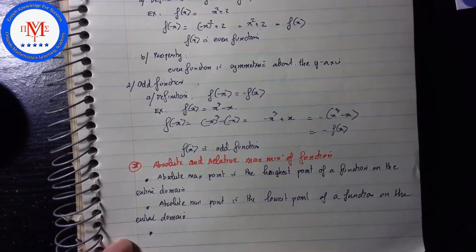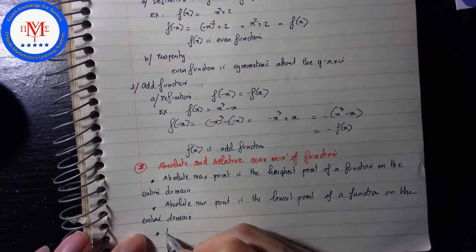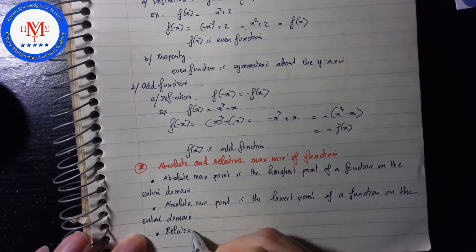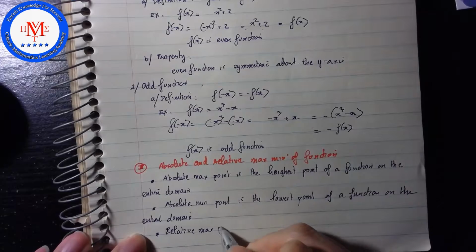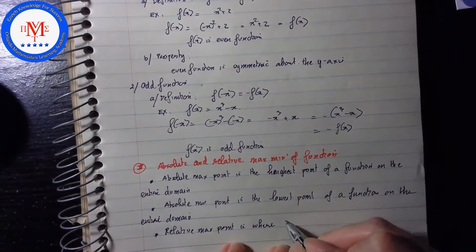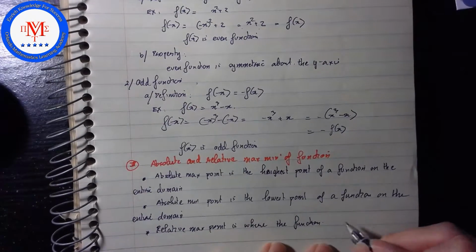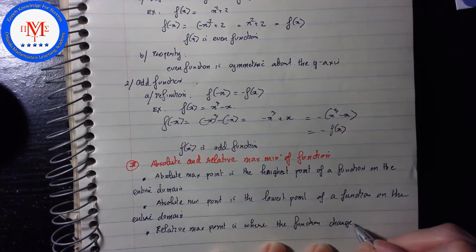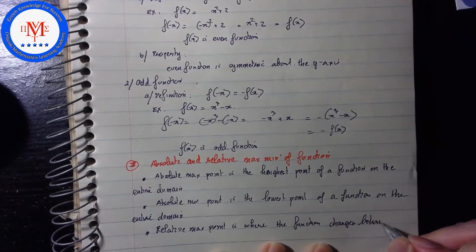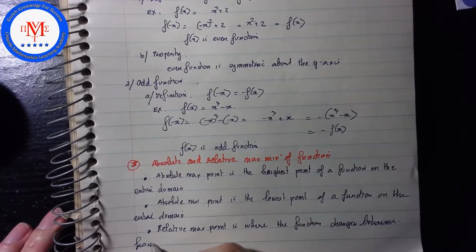Okay, a relative max point is where the function changes behavior from increasing to decreasing.